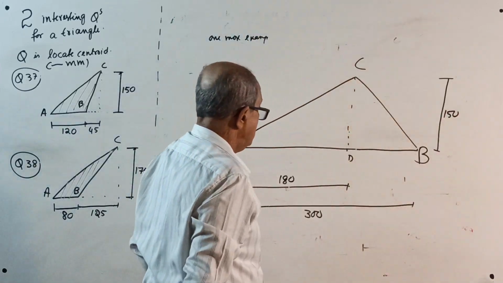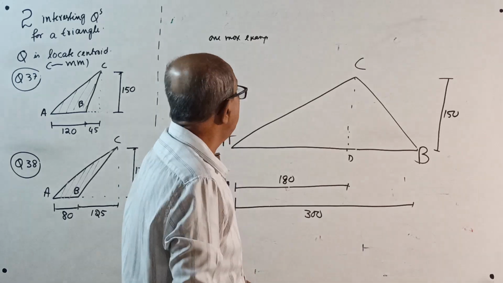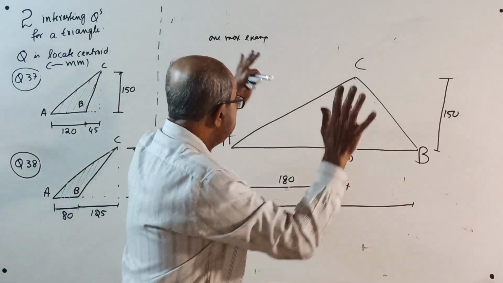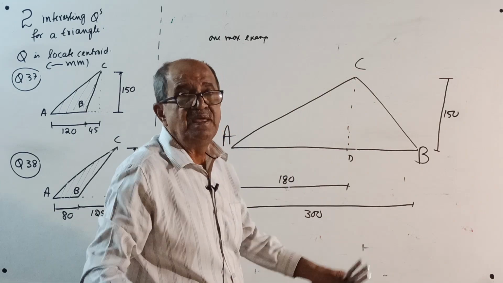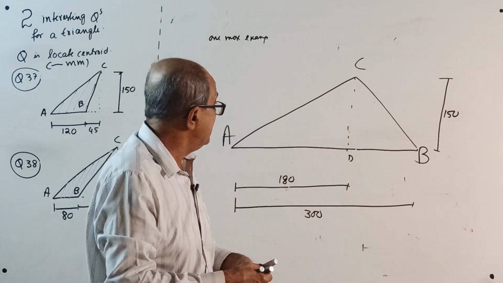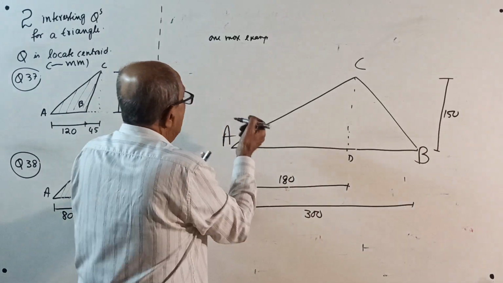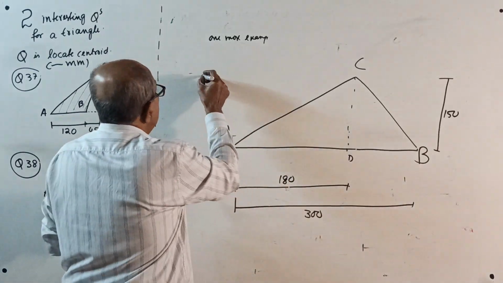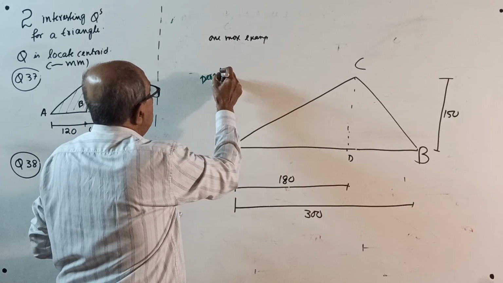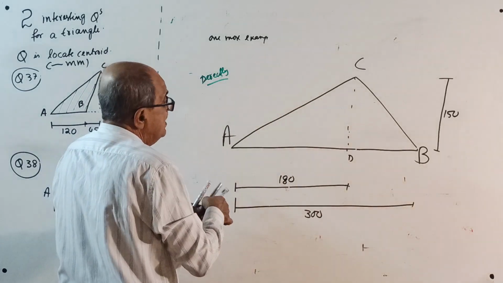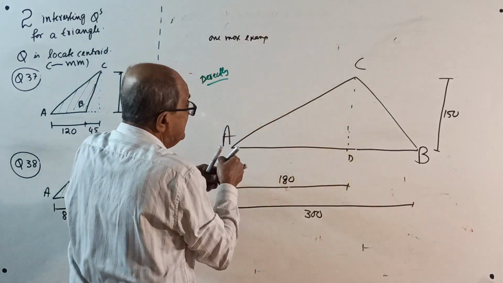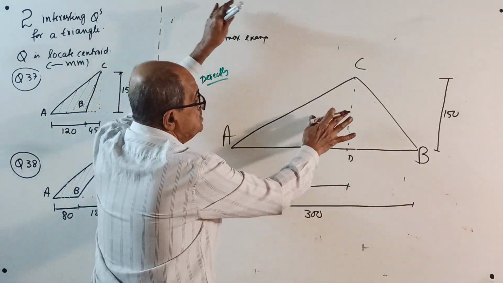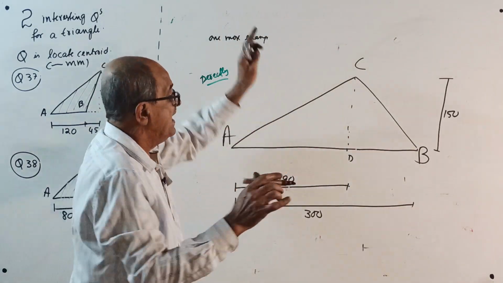Okay, this is a triangle. Now do one thing right here. First you copy the sketch. Second time you write. Directly possible. First you copy the sketch, don't write anything there.